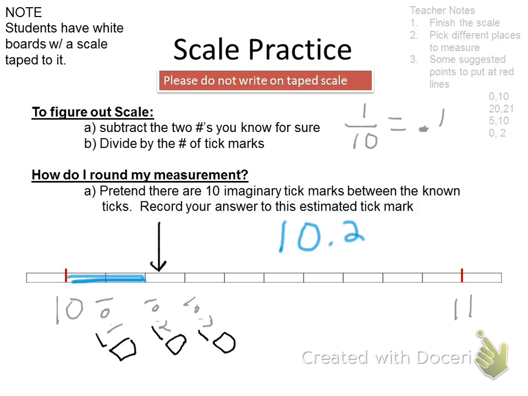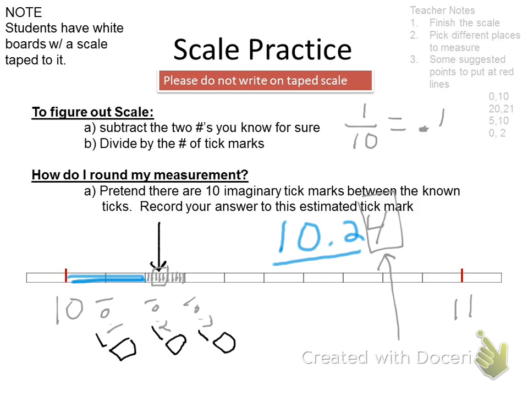However, you are going to, and I'll use light gray again, pretend that there are 10 additional tick marks in between the known ones, and you would estimate where it is based on that, and that looks like about 10.24. We should all agree on the blue, and on the gray we could disagree. And this should be measured always to the hundredths on a ruler or a measuring device that looks like that.